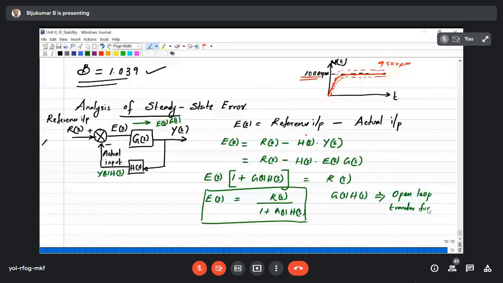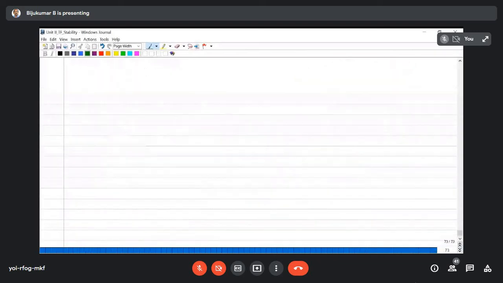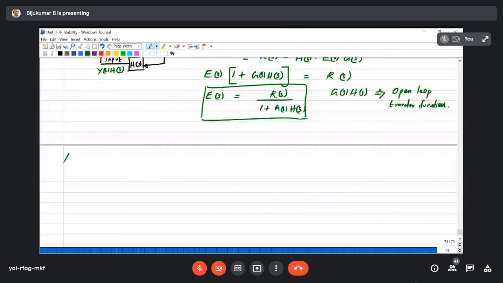So this is the expression for E of S. So if you know E of S, how will you calculate the steady state error? By using the final value theorem, we can find the steady state value.